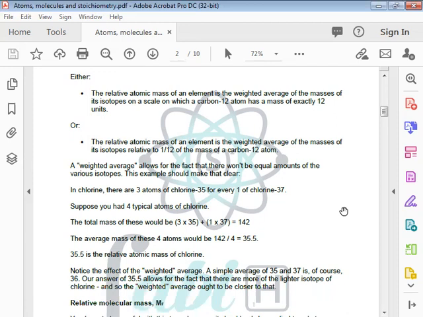Again, this will be dealt in detail with mass spectrometry, how the abundance of each isotope is measured using a mass spectrometer. Right now, I'm just giving you a value.